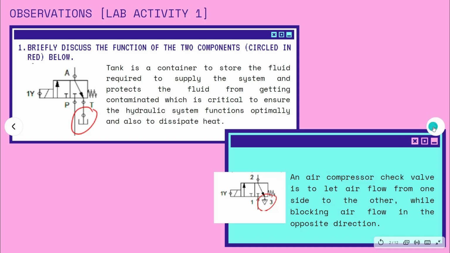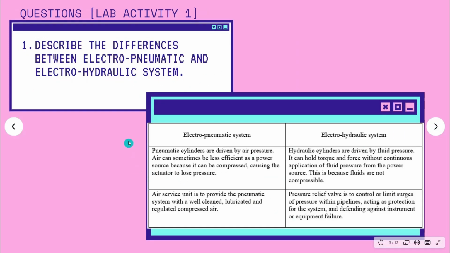Okay, next, the question for lab activity 1. Question 1: describe the difference between electro-pneumatic and electro-hydraulic systems. For the electro-pneumatic system, pneumatic cylinders are driven by air pressure.